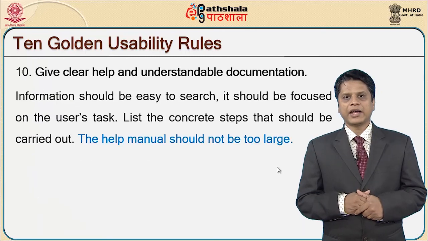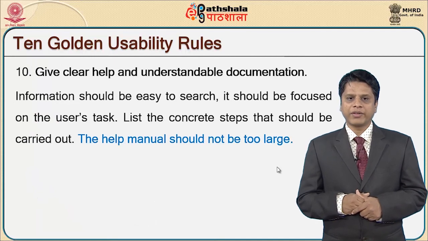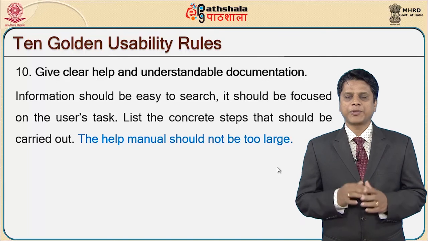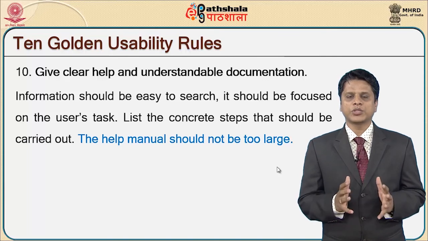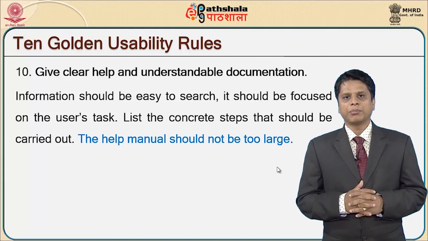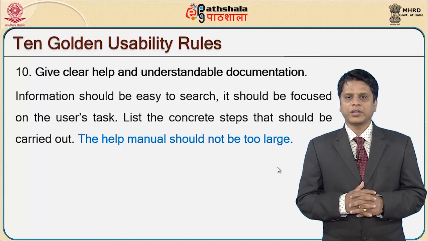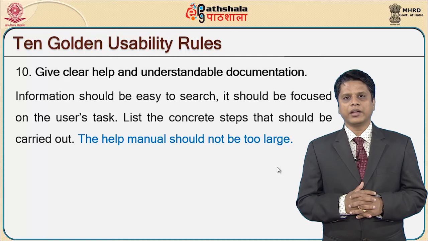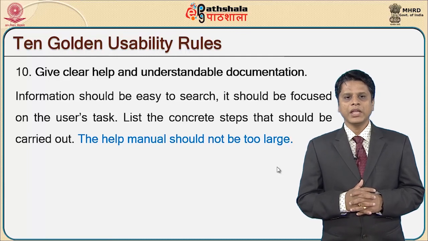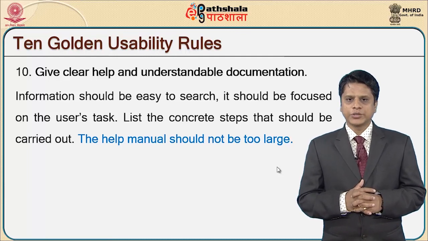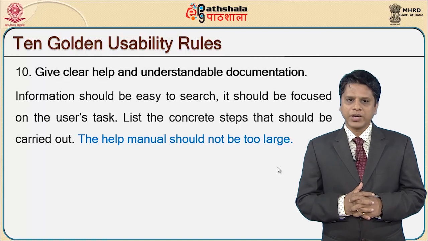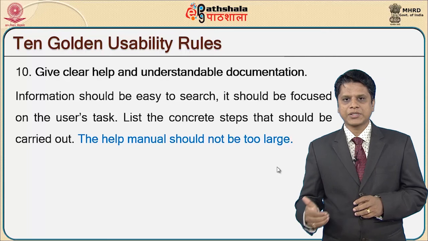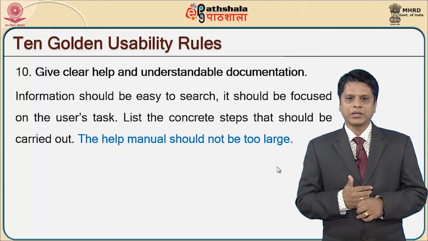And finally, the last rule is to give clear help and understandable documentation. This plays a vital role in the entire usability principle, but most often users may not look at the documentation unless it is required. Information should be easy to search. It should be focused on the user's task. List the concrete steps that should be carried out.